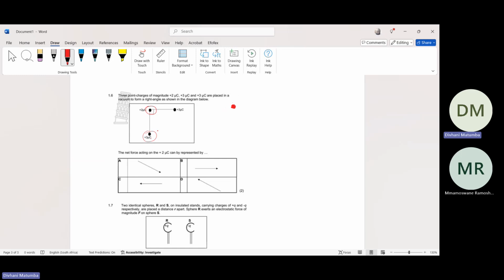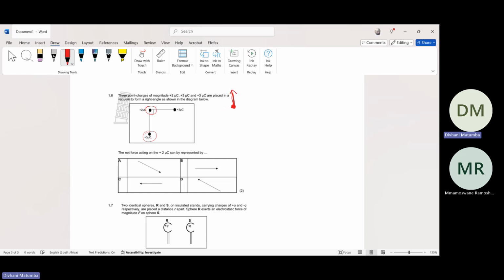Are you attracted to it? Oh yeah, we spoke about this. So where will it go? It'll go up because it's repelling. Yeah, that's correct. It will go up.